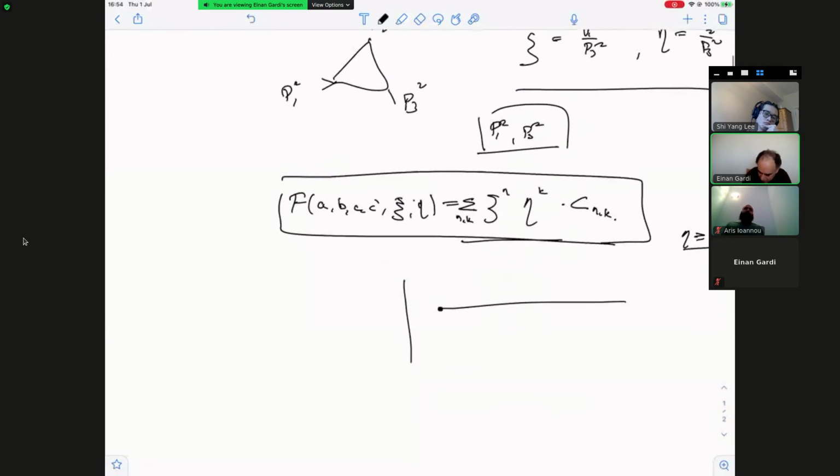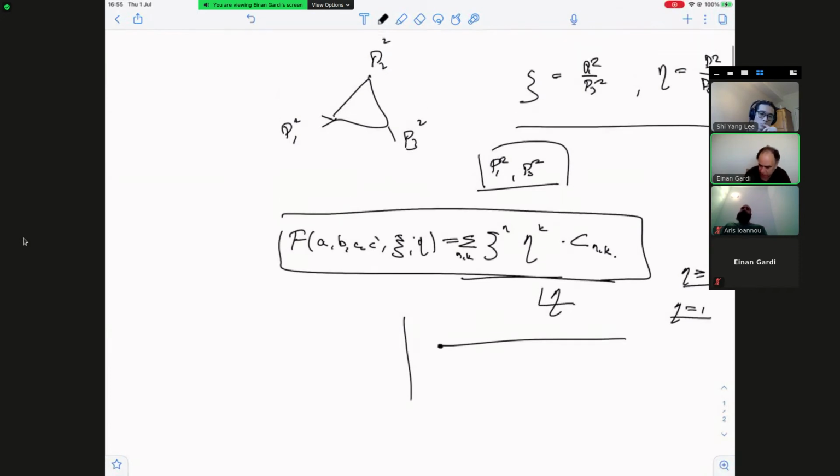So if we have an integral representation, we would expect a branch point at eta equals to 1, independently of what psi is. And now this is the complex eta plane, and I don't care what psi is, it's just fixed, because I'm only playing with P2 when P1 and P3 are fixed. So then this is the real axis, and that's the imaginary axis.